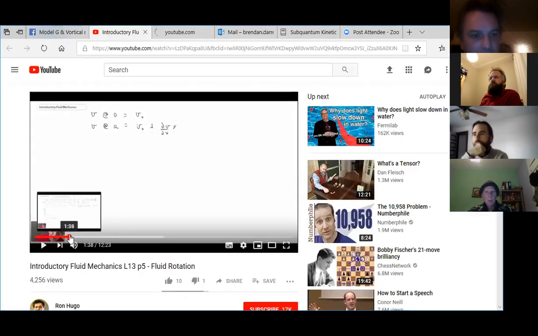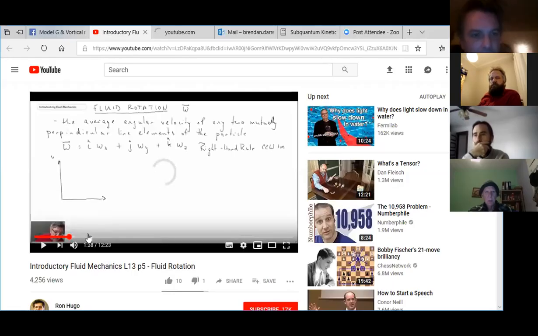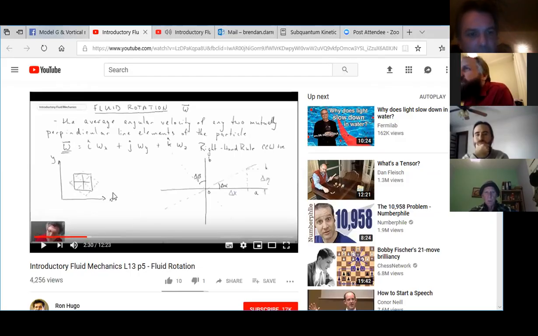So he's describing fluid rotation here from the very basics. He's saying the rotation of a fluid can be explained by omega, the x, y and z components of omega. Then he's showing here an object, say a box.